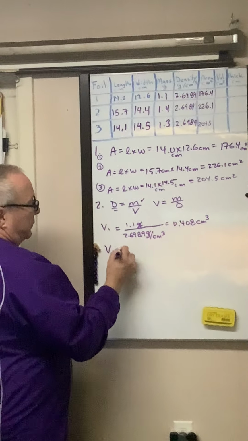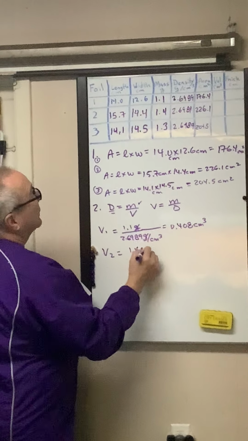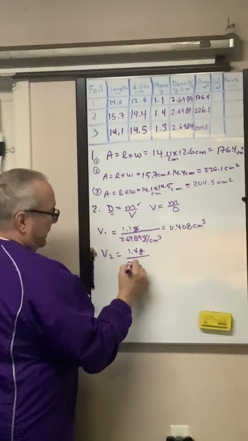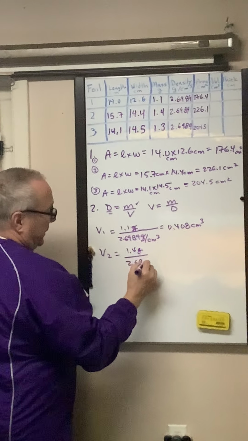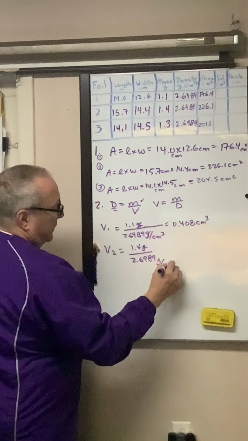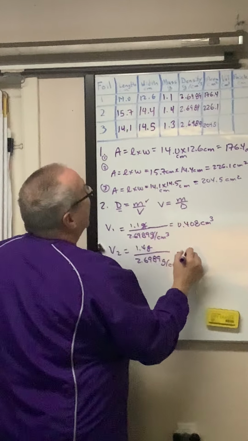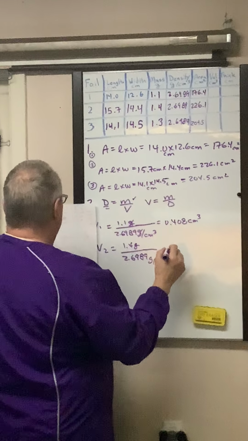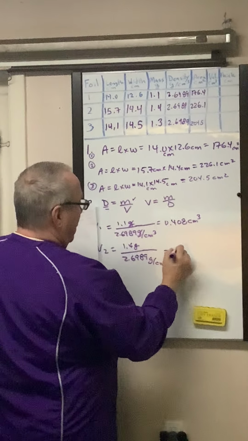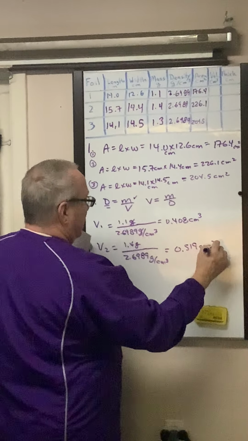For the second one, it's 1.4 grams divided by the density, which is constant, 2.6989 grams per cubic centimeters. Cubic centimeters comes up, and I get an answer of 0.519 cubic centimeters.